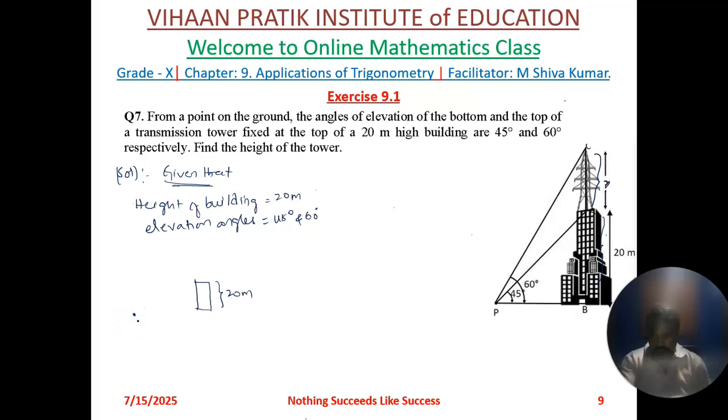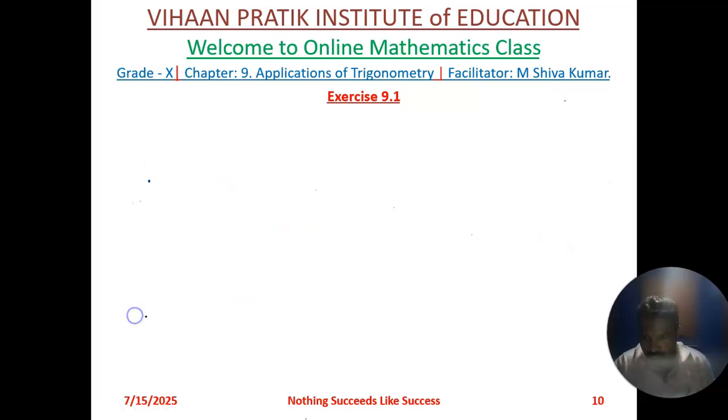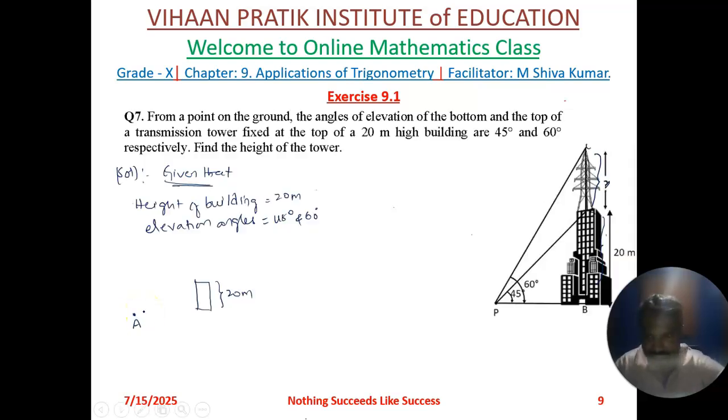We rename it as A. This is the point on the ground, now joined to the foot of the building. Now a tower is erected, a mobile tower, on the top of the building. We don't know the height of this tower.